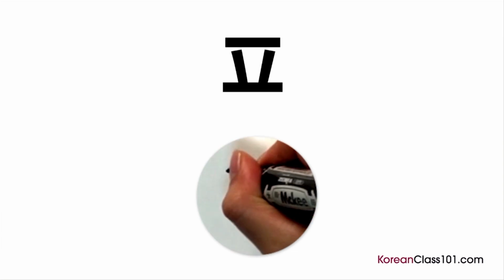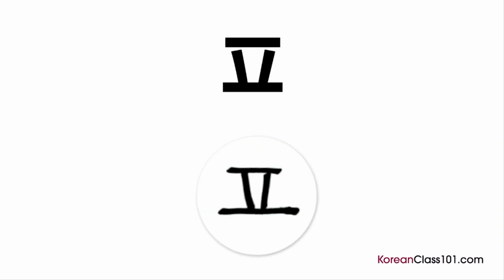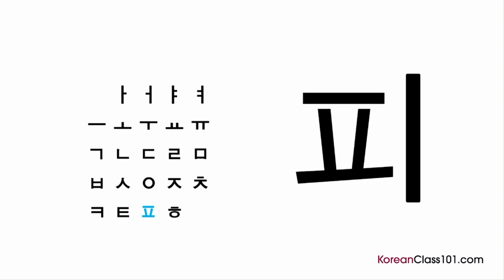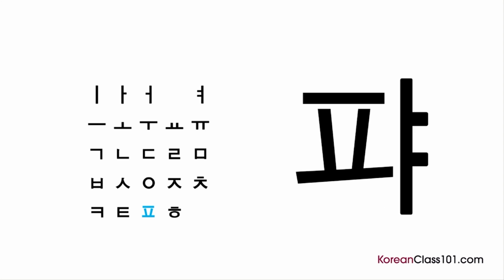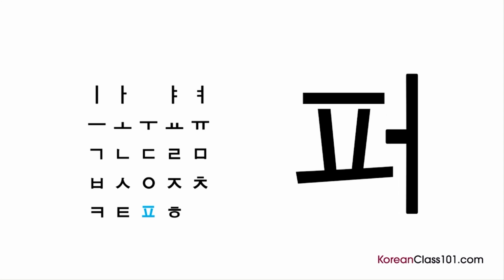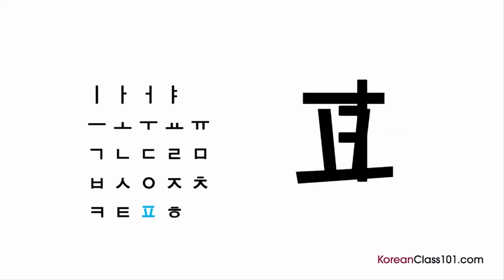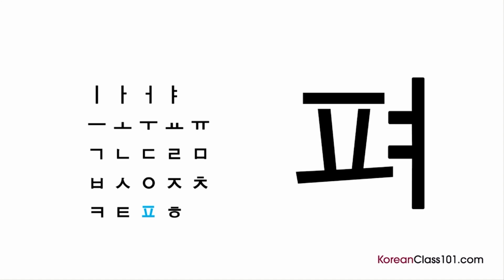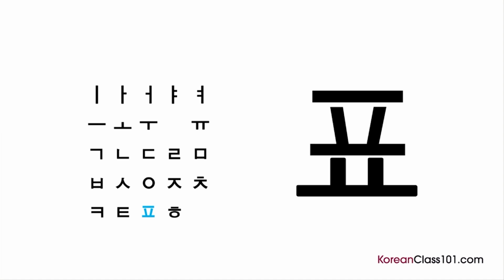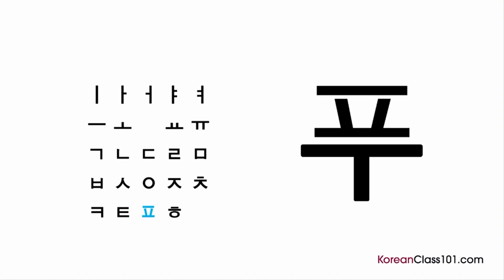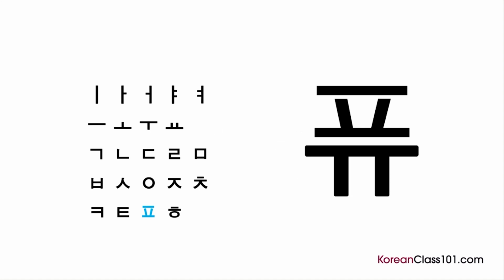What's a B sound like with even more pressure? P. 피, 파, 펴, 퍼, 프, 포, 표, 푸, 퓨.